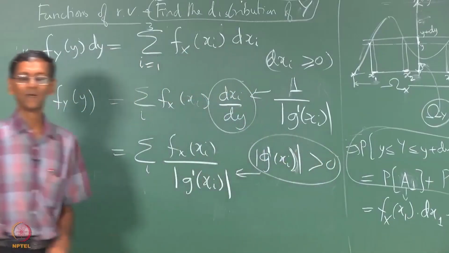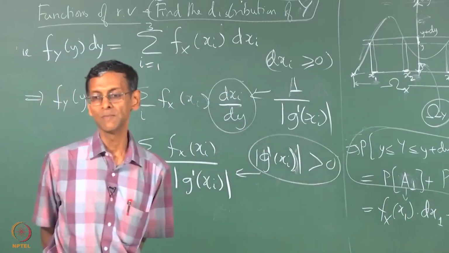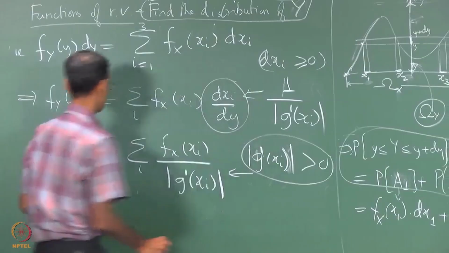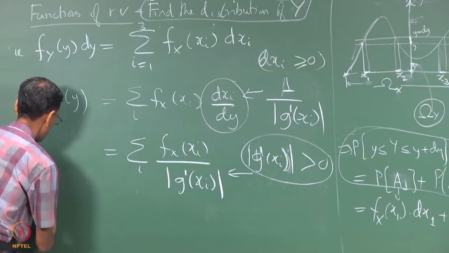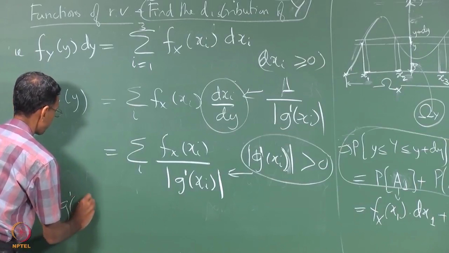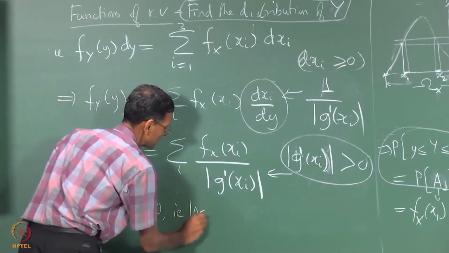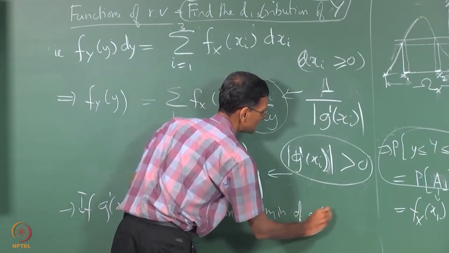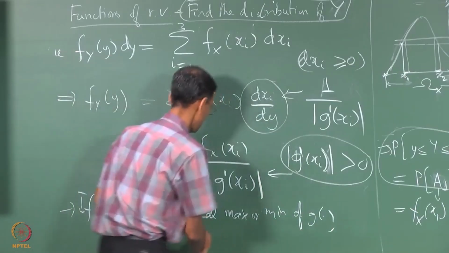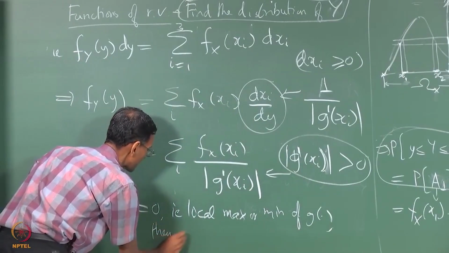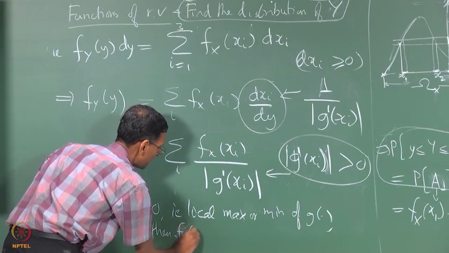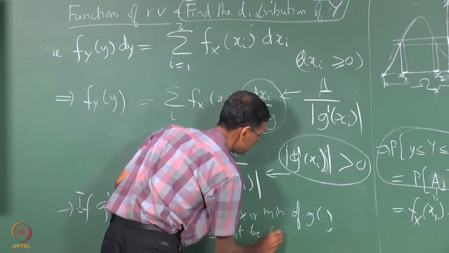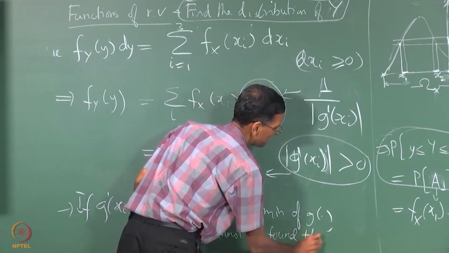So if g prime equals 0, i.e., a local extremum, max or min of g, what happens then? Then f_Y cannot be found using this method, this way.